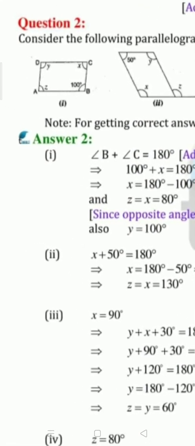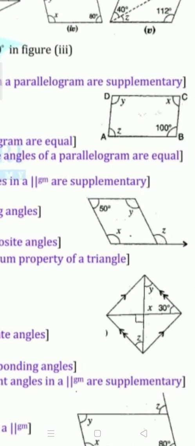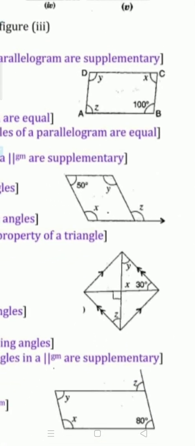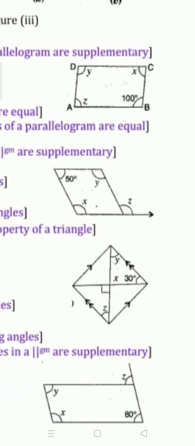Question second sum. Here the diagram is again a parallelogram, one measurement is given as 50 degrees, and you have to find the measures of x, y and z. Similarly, kids, first and foremost you can use that opposite angles of a parallelogram are equal, so exactly opposite to that 50 degrees will also be 50 degrees. That is one thing you got.